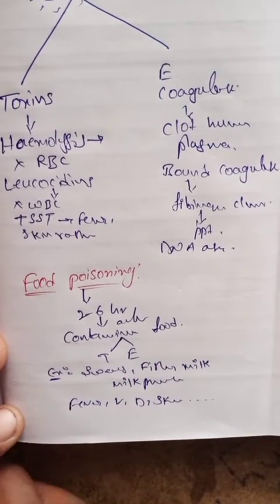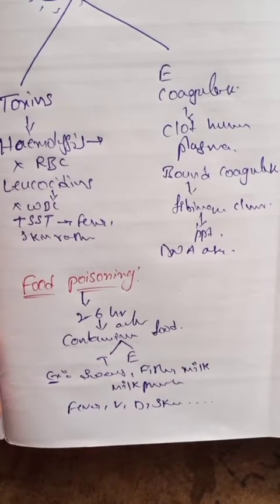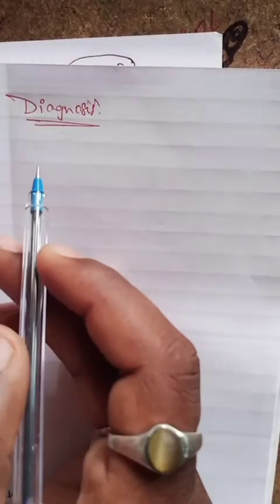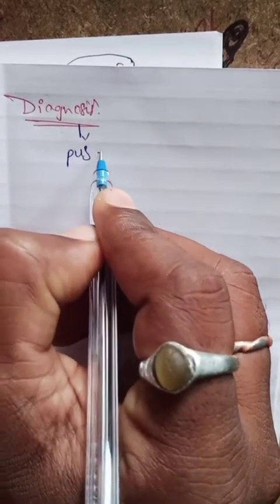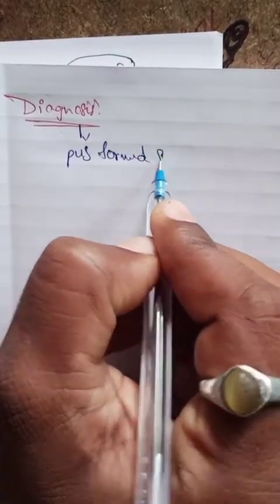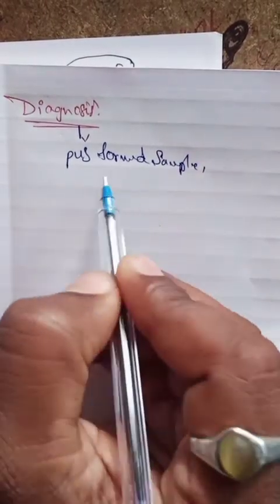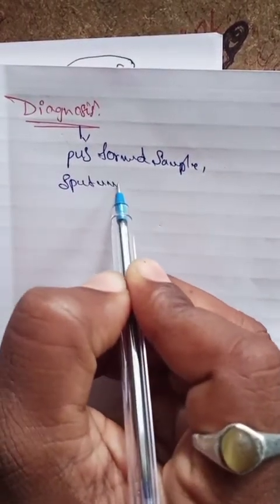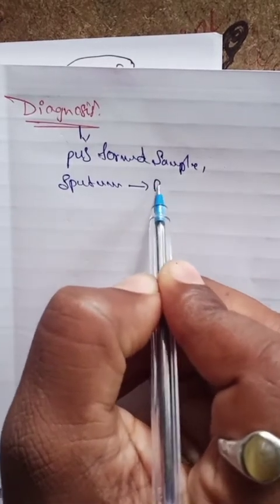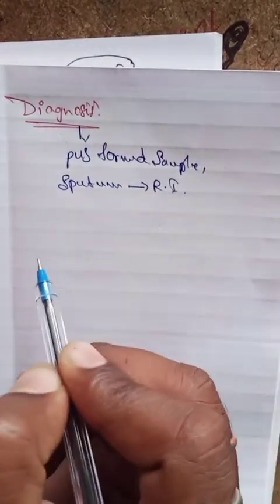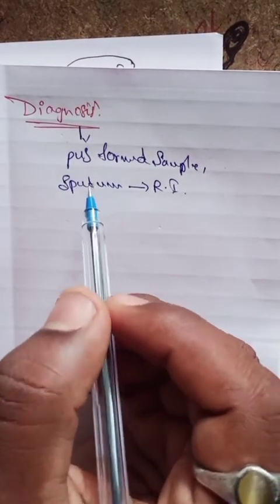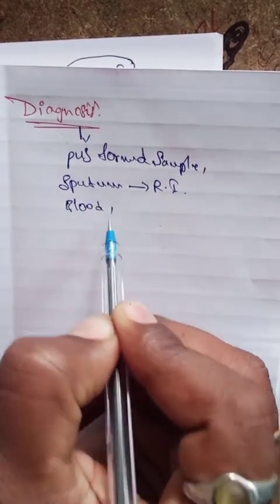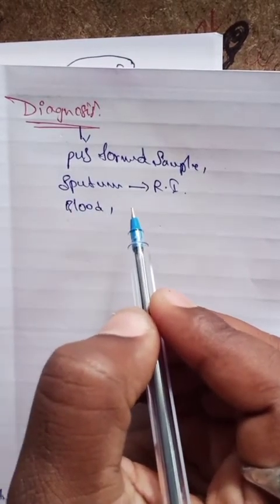And the next one, diagnosis of the staphylococci. Collect the pus sample, and sputum collected from respiratory infections. For blood of unknown origin, collect the blood sample also. And collect the CSF, cerebrospinal fluid.